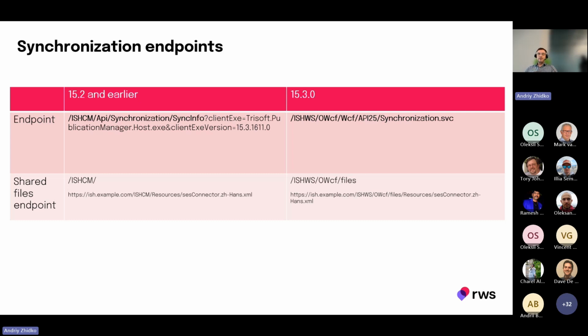This endpoint returns the list of files that you need to synchronize, and the actual file synchronization happens using the shared files endpoint. Before, it was hosted in the legacy HCM application, and now it has been moved to the OWCF API. This endpoint has anonymous authentication enabled, as it had before.